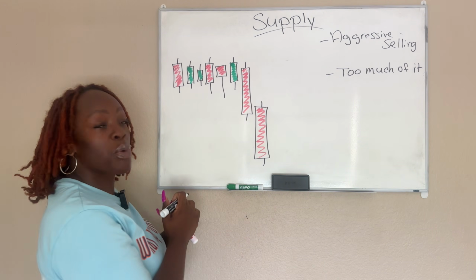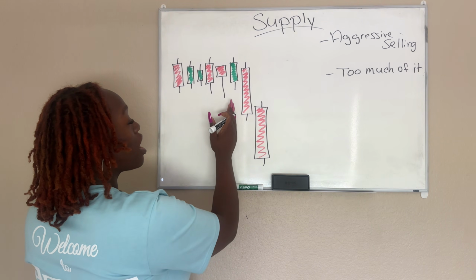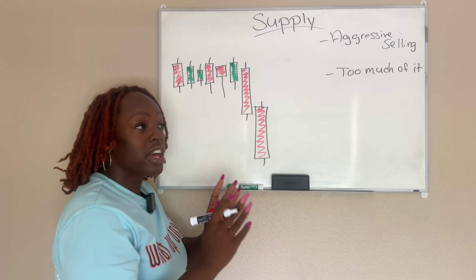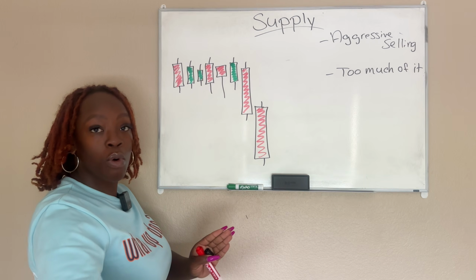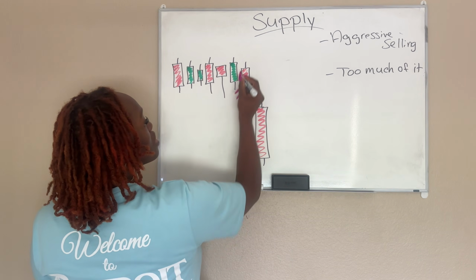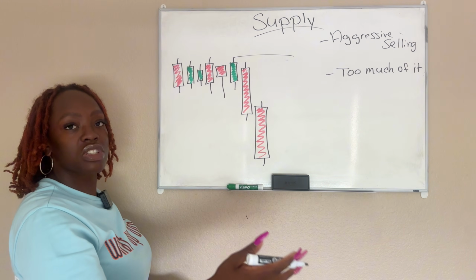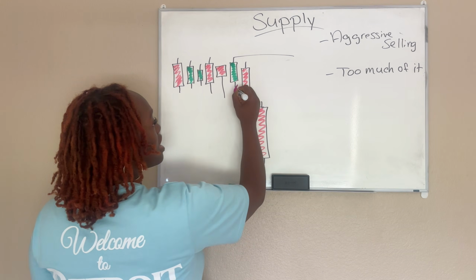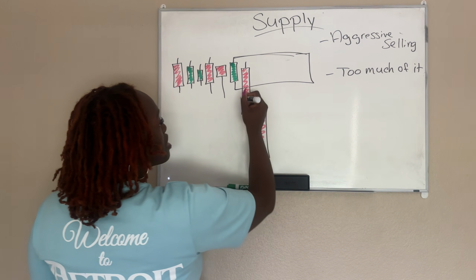Now, to determine where to draw your box, you're going to look for the last green candle before it took off. It's going to look better once I move to the charts, but right now, this right here would be your supply zone.